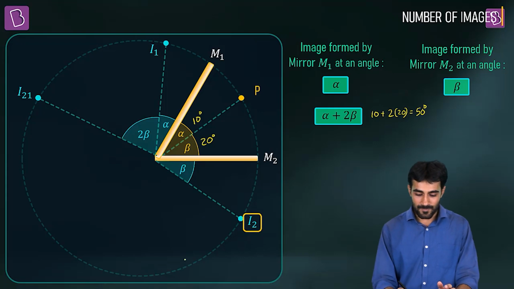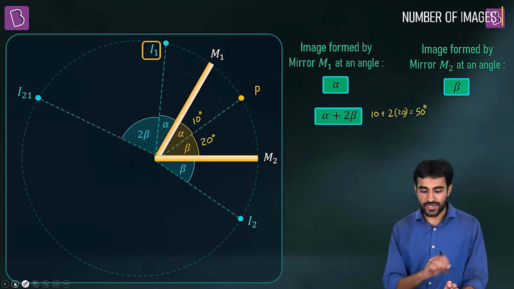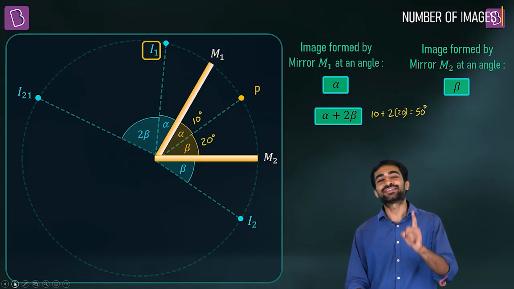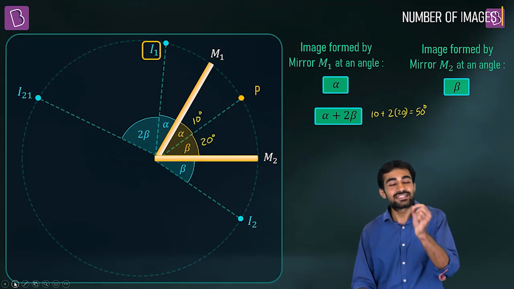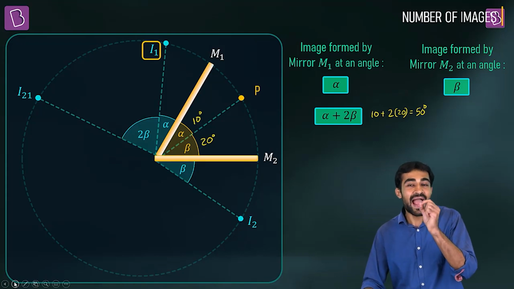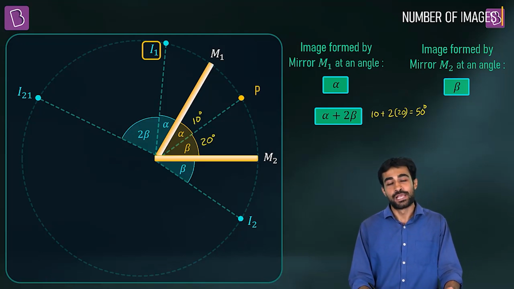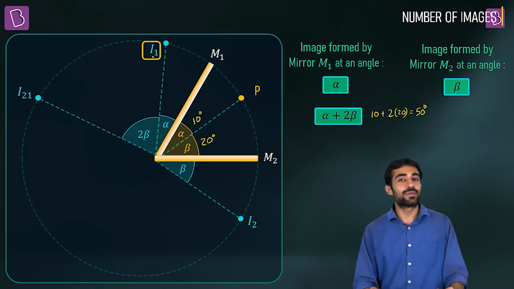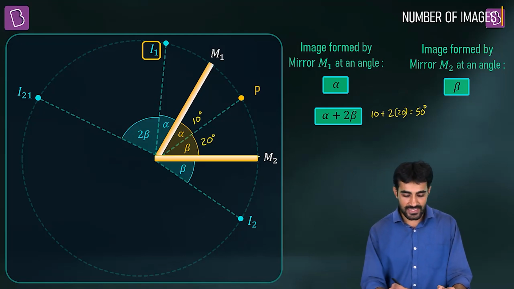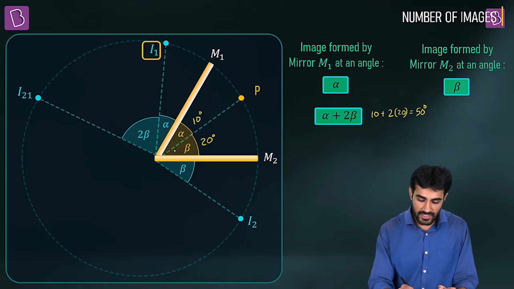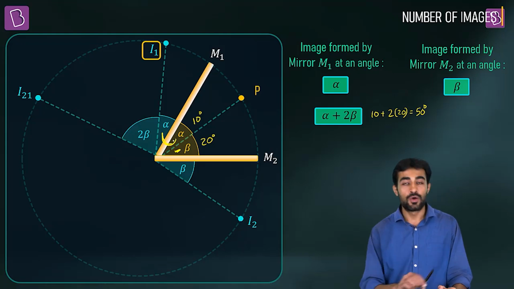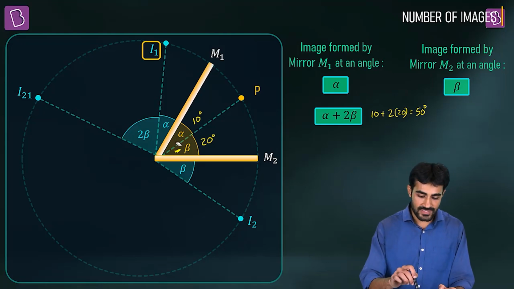Yes. Now, let's concentrate our attention on I1. This I1 will act as an object for mirror M2. So, what is the angle made by I1 from M2? It is beta plus 2 alpha. Yes, beta plus 2 alpha is the angle made.